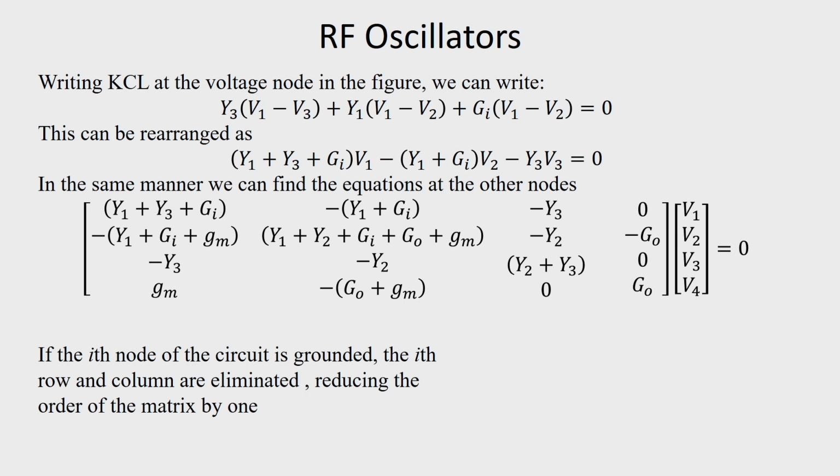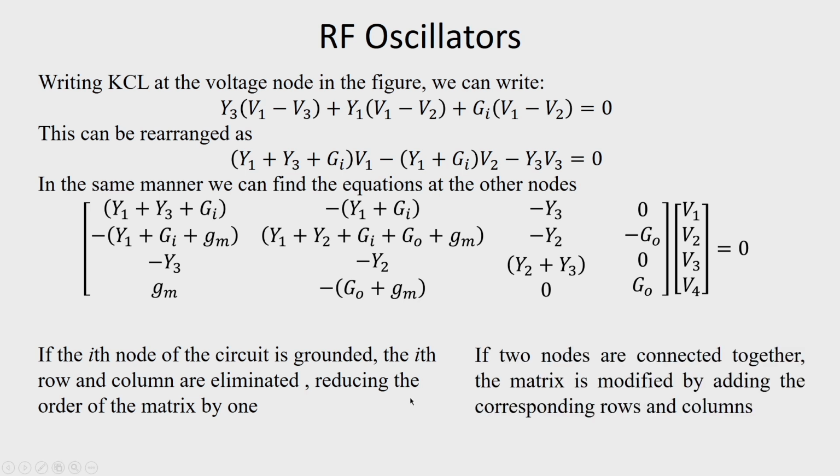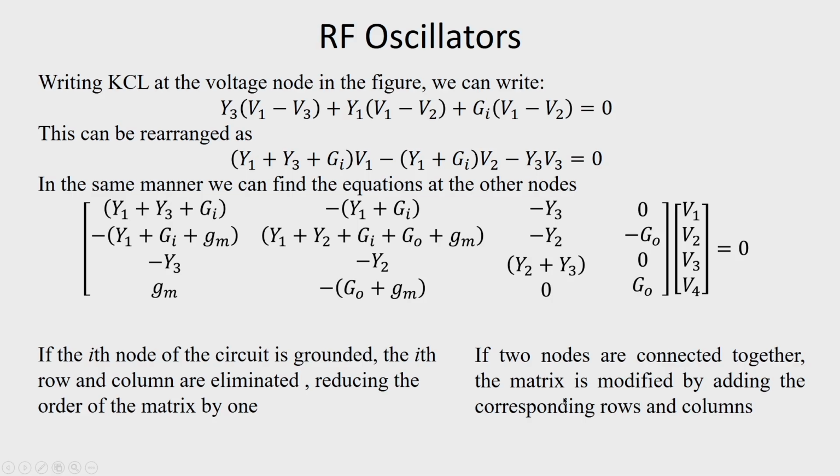And similarly, if 2 nodes are connected together, as we have said in our reference figure, we need to connect V3 and V4 to provide feedback, then the matrix is modified by adding the corresponding rows and columns.